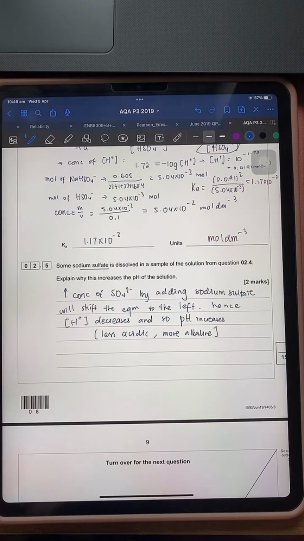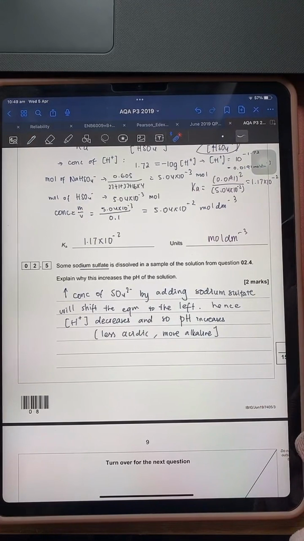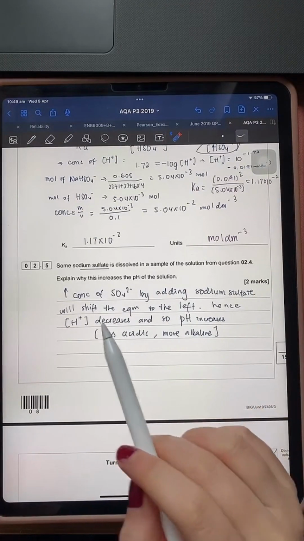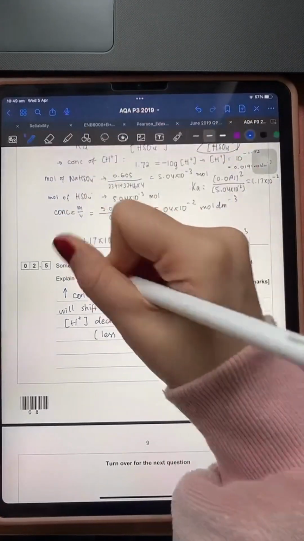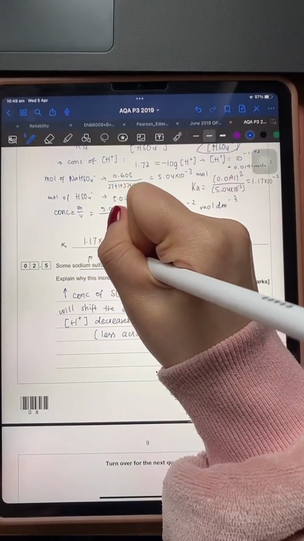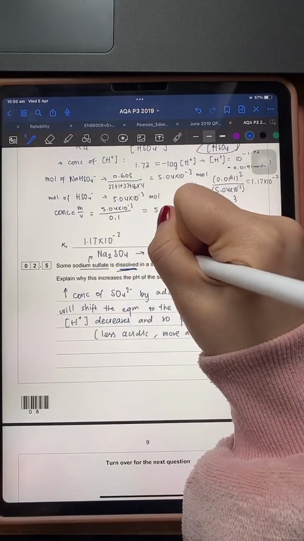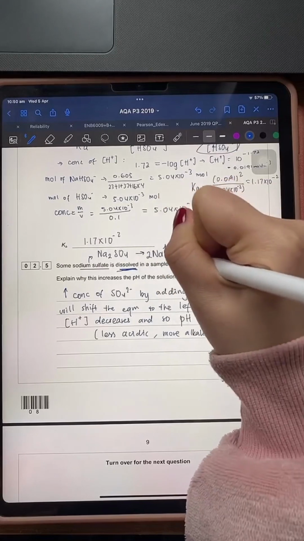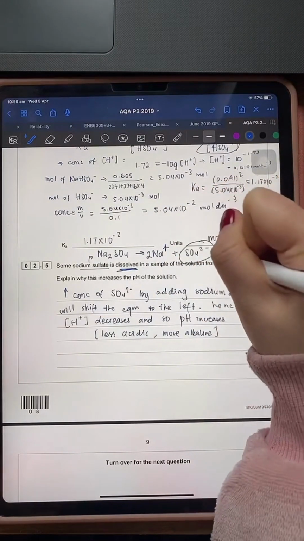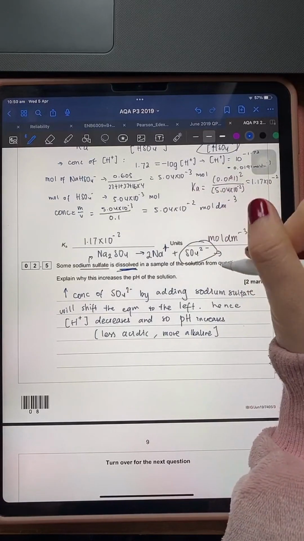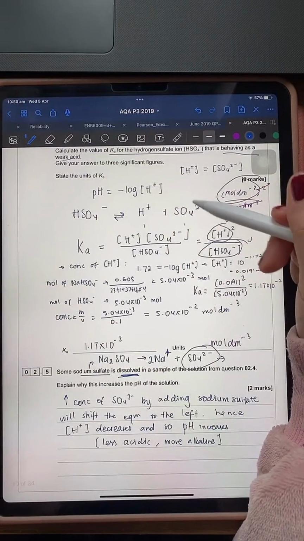So again, let me explain this because I think someone said they don't understand. So we have the sodium sulfate. Sodium sulfate is Na2SO4. And it's dissolved, which means it will split up to form Na plus and SO4 2 minus. That means you're adding more of these. If you add more of these, then you will have more of it on this side, increasing the concentration here.